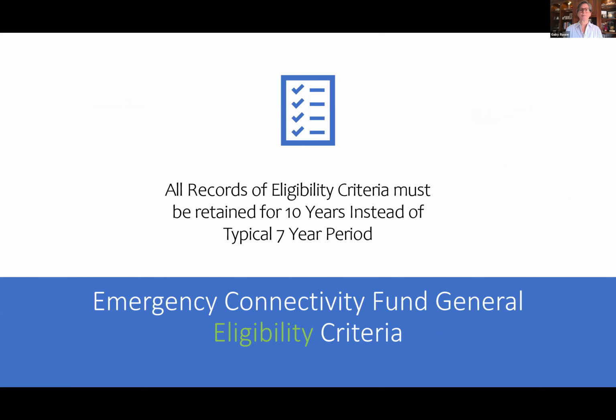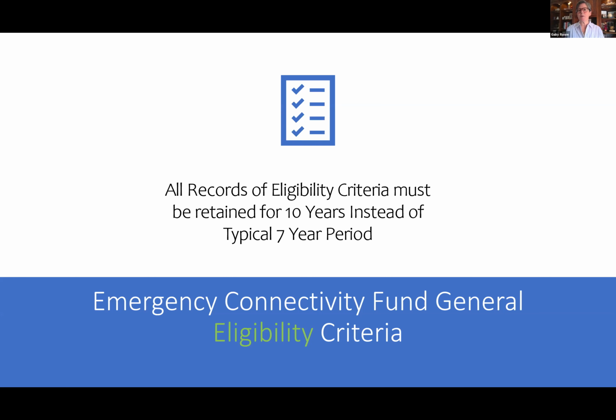For both libraries and K-12, one of the universal requirements of this program is that all eligibility records, so the records of students, the records of your program if you're a library, must be kept for 10 years. For those of you who have done grant funding or federal funding in the past, that period of time is typically 7 years.